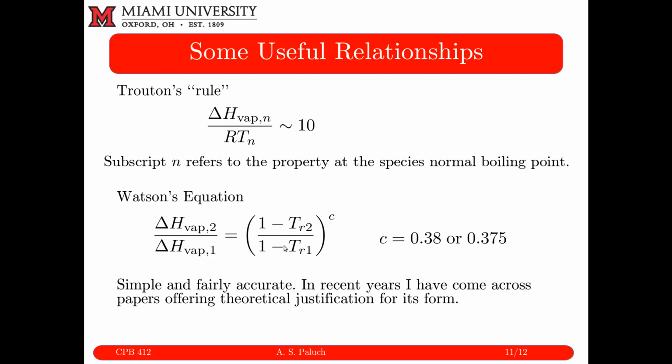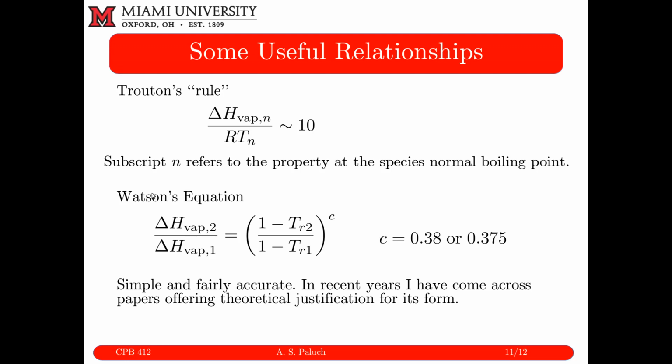Okay, so the way it would work is I know, say, enthalpy of vaporization at some state 1. I know my critical temperature, and I know T1 at my reference state. If I want to predict the value at some state 2, all I need is its temperature. I can plug it into the right-hand side. I know this term. It gives me a way to solve for delta H of vaporization at state 2.